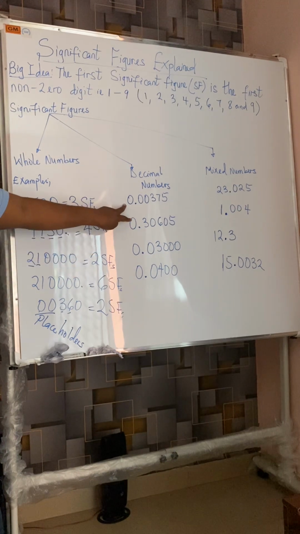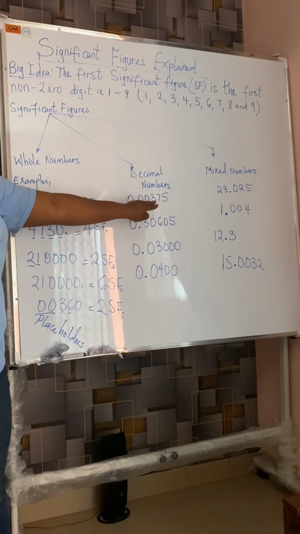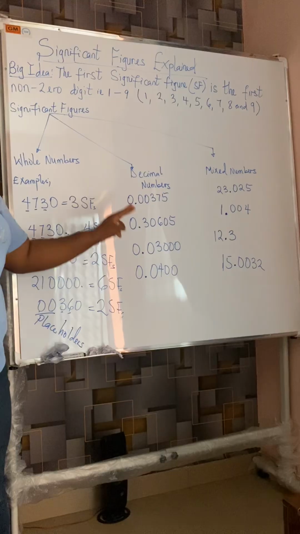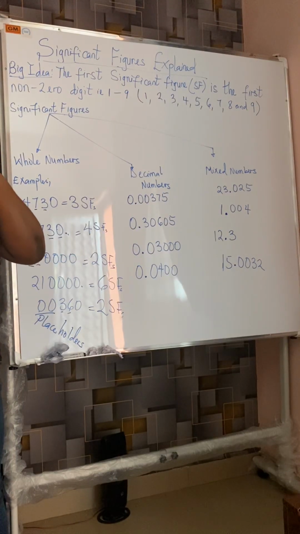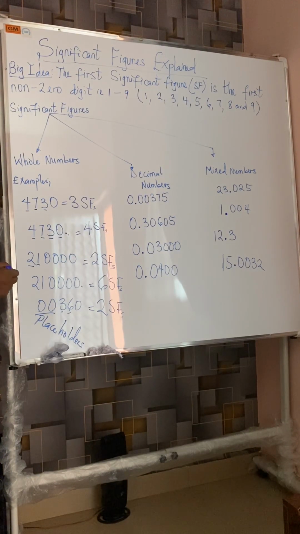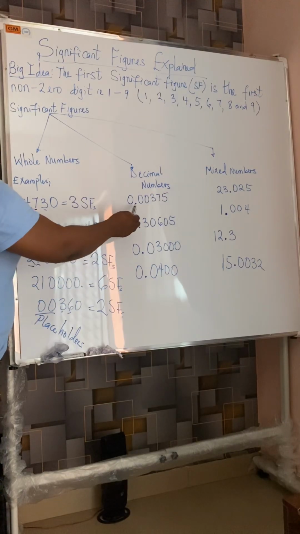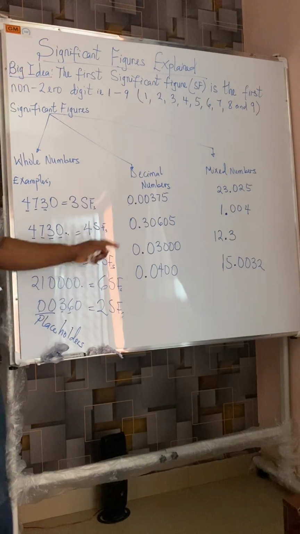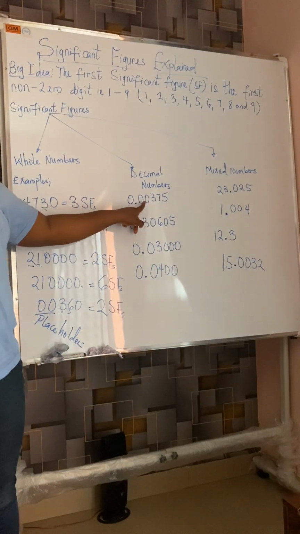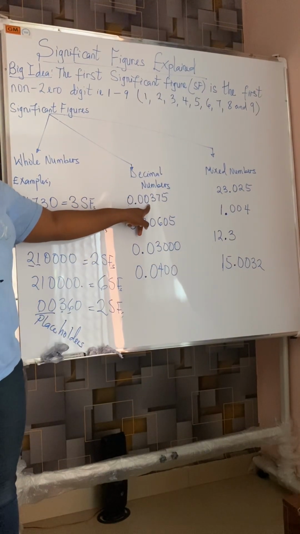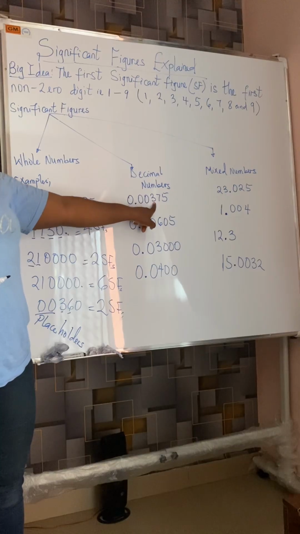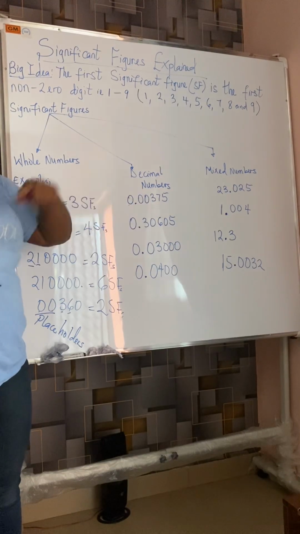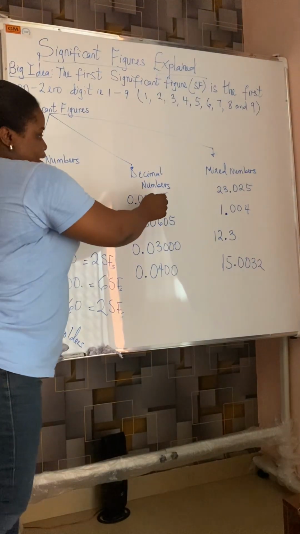So in 0.00375, this is 0, this is the unit. We also have 0 here: 0 for the 10th, 0 for the 100th. This is 10,000. So this is where we have the first non-zero, which is here.